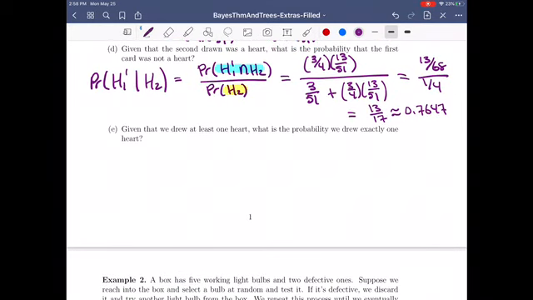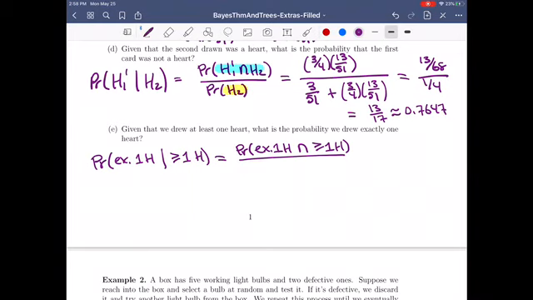So given that we drew at least one heart, what's the probability we drew exactly one heart? So here we want the probability of exactly one heart, given that we got at least one heart. So we use our conditional: exactly one heart intersect at least one heart, divided by the probability of at least one heart.